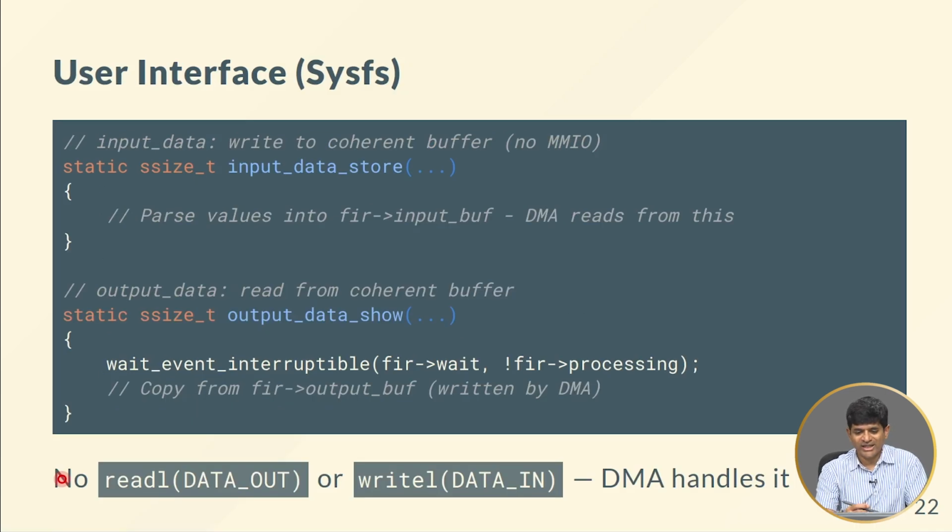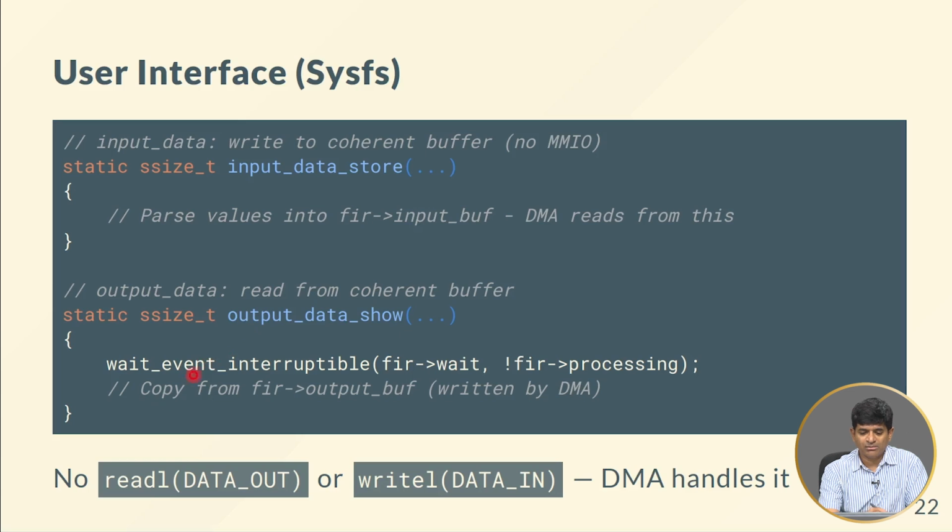Now what this also means is that we can have our typical sysfs interface, where I would typically do something like parsing the values that I am writing into the FIR input buffer, which is where the DMA reads from.